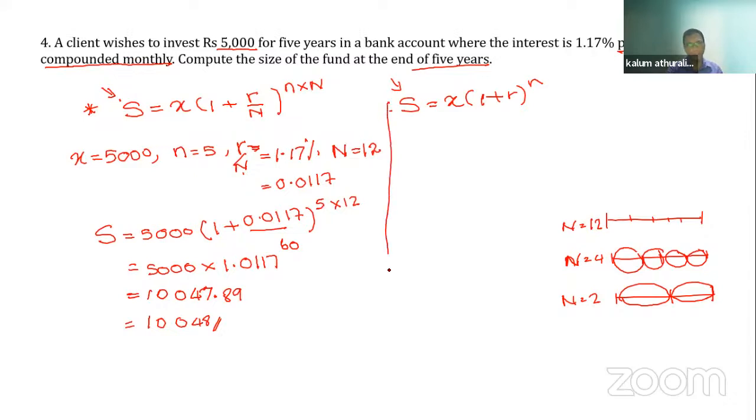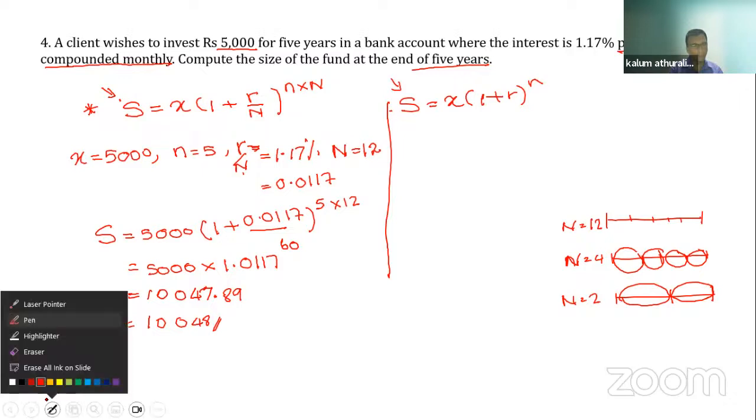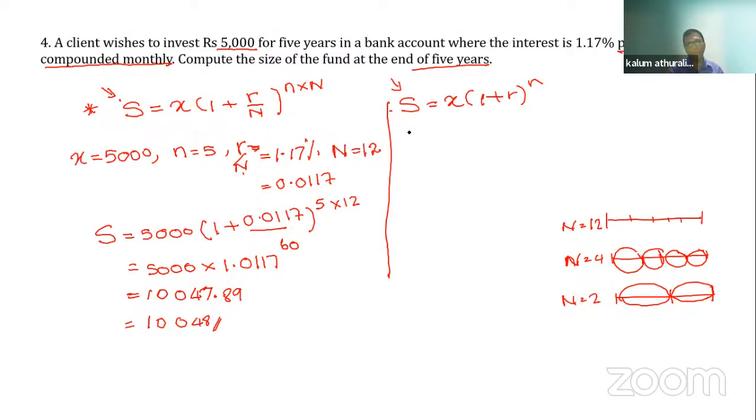If you use the other formula, then you take X as 5,000. R should be the monthly interest rate, which is given: 0.0117. Small n should be the number of times compounded in the whole period.